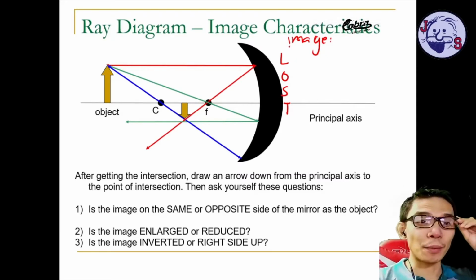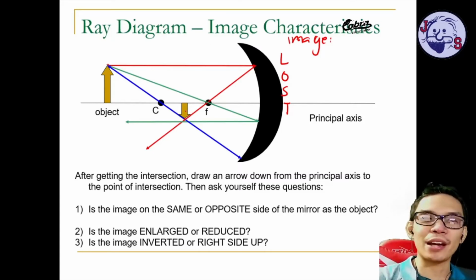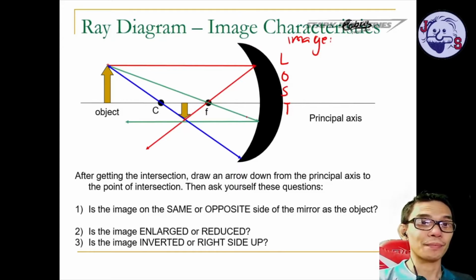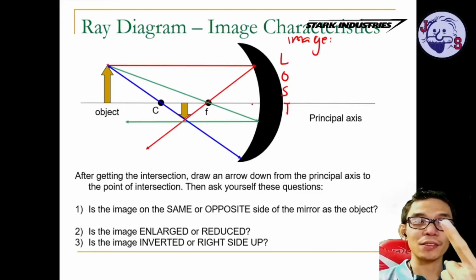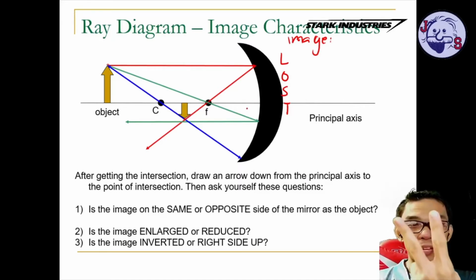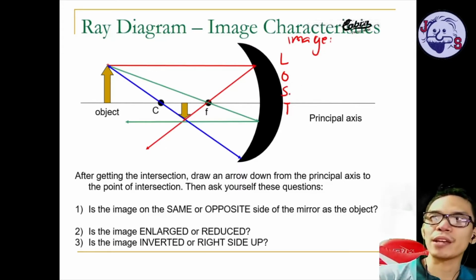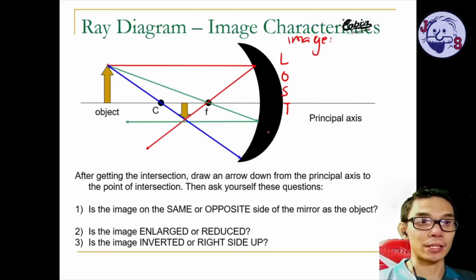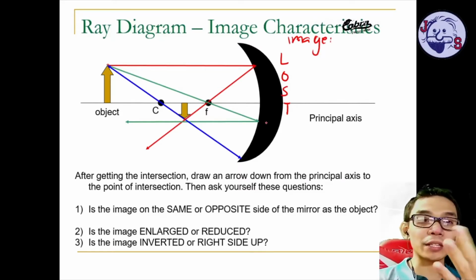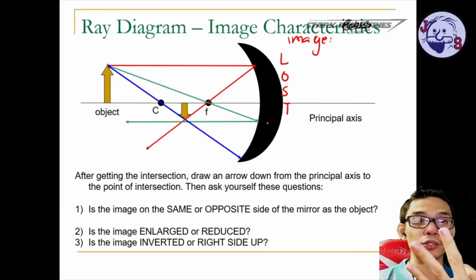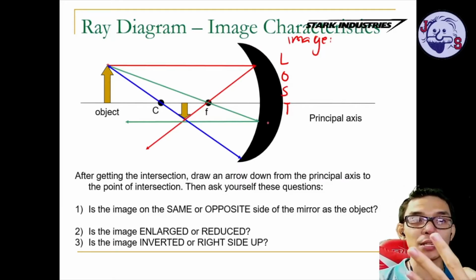Next, we have the O, which is the orientation. There are two orientations of the image: upside down, or inverted, or upright. Next, the size of the image is the letter S. There are three sizes that you should take note of.